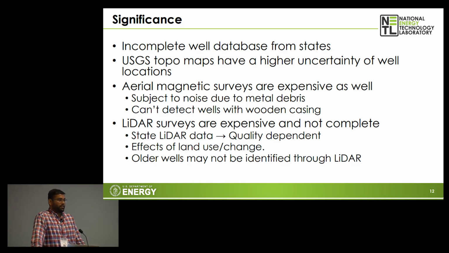And the USGS topo maps, even though they did field checking back in the day, didn't have accurate GIS or GPS technologies at the time to pinpoint the well locations on the map. So they had to manually draw these circles on the topo map, which have an offset of a few meters, actually many meters. And these circles themselves are 10 meters in radius, so that's going to have an internal offset as well. So they're pretty off when we check in the field using current technologies.